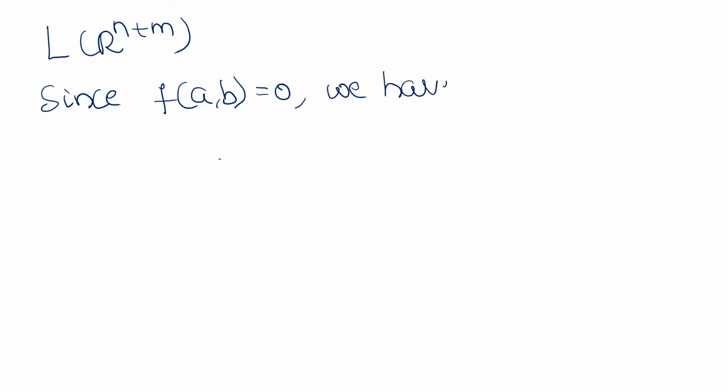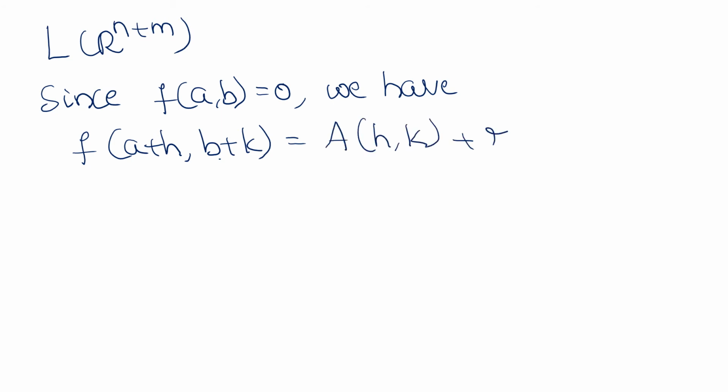Now, what is given in the theorem? Since f of (a, b) is equal to 0, we have that f of (a+h, b+k) can be written as a linear operator A of (h, k) plus R of (h, k). This is like the remainder which occurs in the definition of f dash.